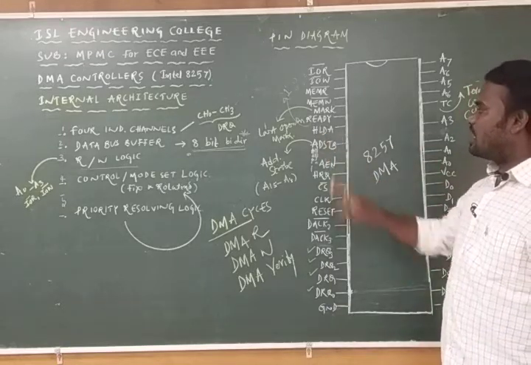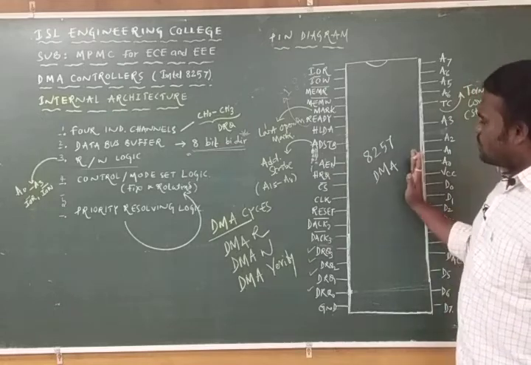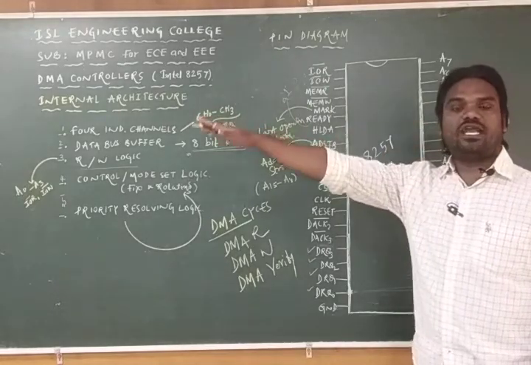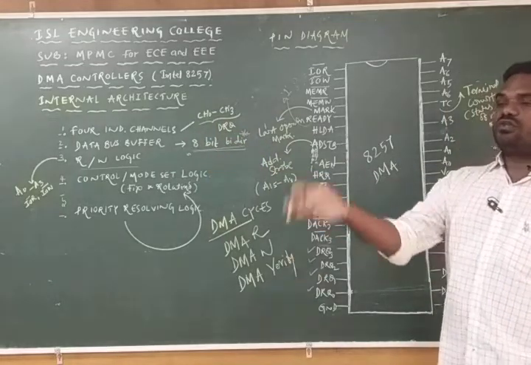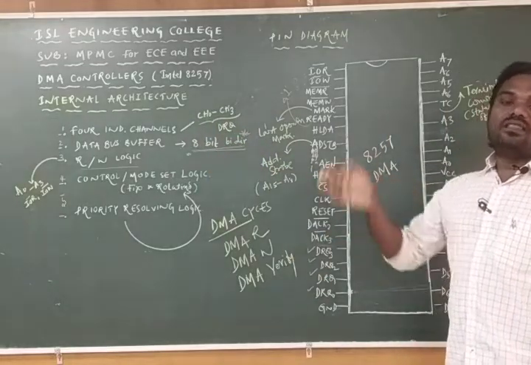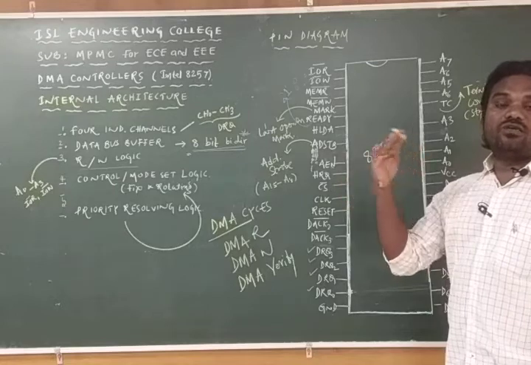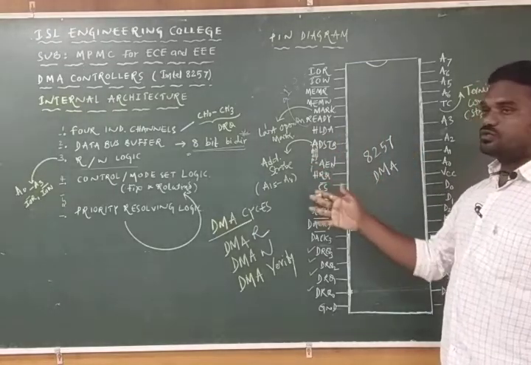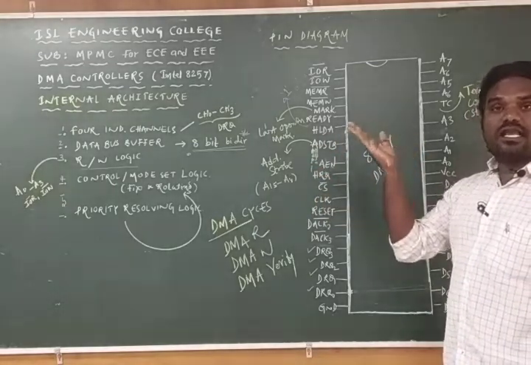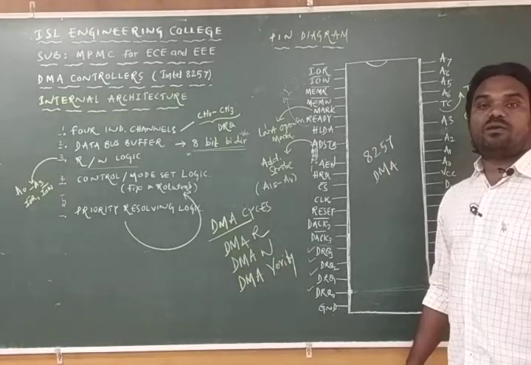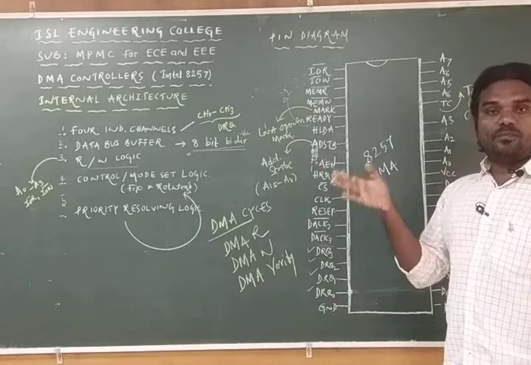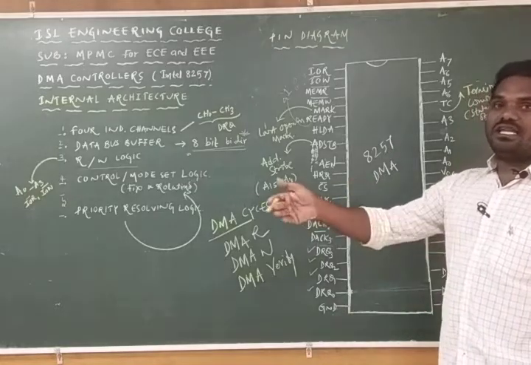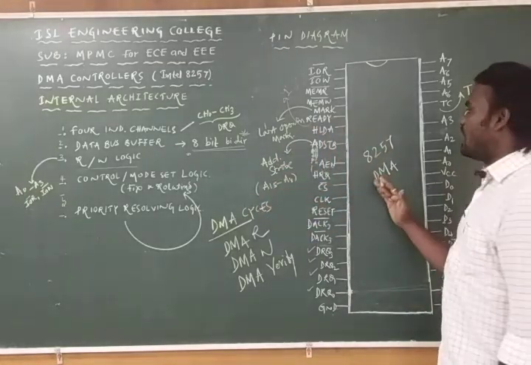And the next one is hold acknowledgement. That means 8257 will give the request to the 8086 microprocessor. By taking that request, it is going to give the acknowledgement such that the current operation is getting into the hold mode. Whatever the current operation is carried by the 8086 microprocessor, it is going to stop that, it is going to pause that operation, and give the same information to the 8257.